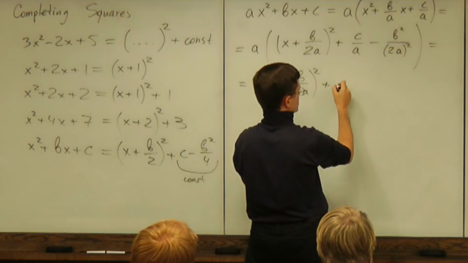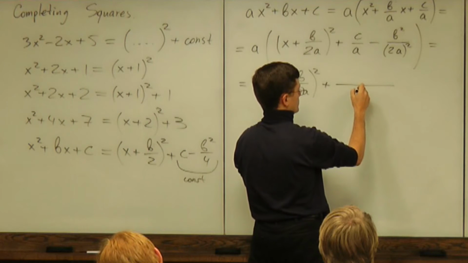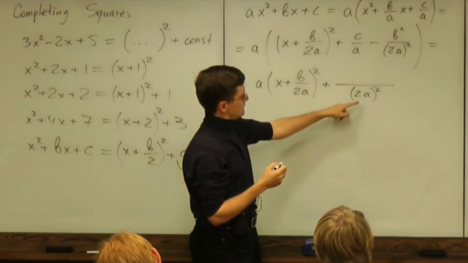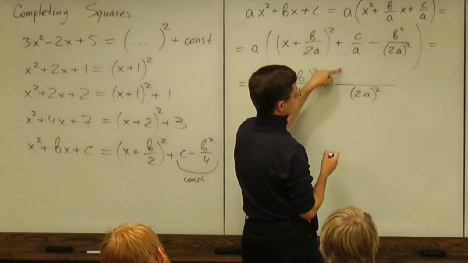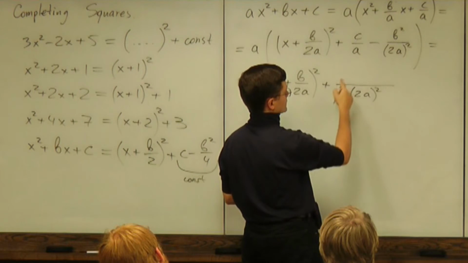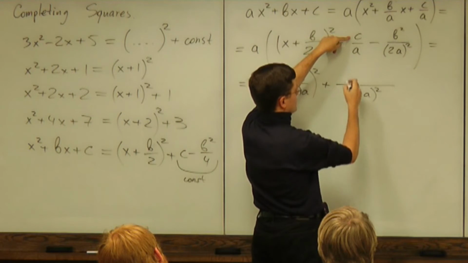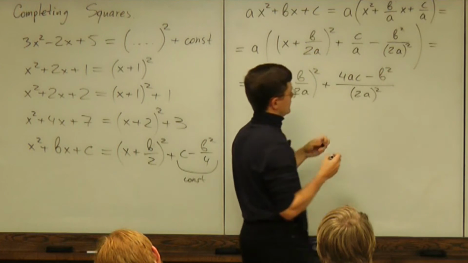So I will have plus, and my common denominator will be 2a squared, right? And if I do that, I will have to do what? C has to be multiplied by something, right? 4ac minus b squared.